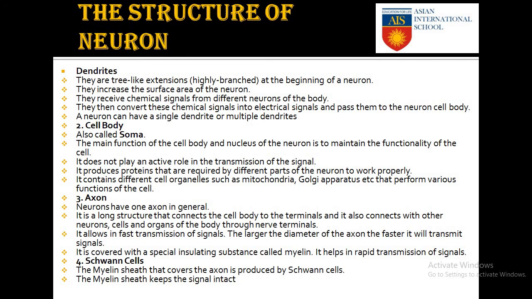And as I told you, if it is covered with a myelin sheath, it acts as an insulator and helps in rapid transmission of signal. The myelin sheath that covers the axon is produced by Schwann cells, and this myelin sheath keeps the signal intact. It does not let the signal break.